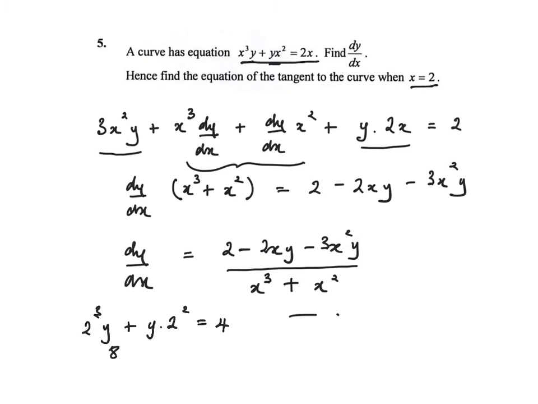So I have 8y plus 4y equals 4. 12y equals 4 and y equals 1/3. So the point I have then is x equals 2 and y equals 1/3.